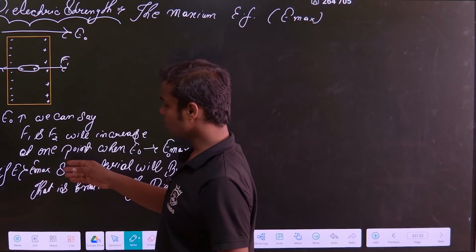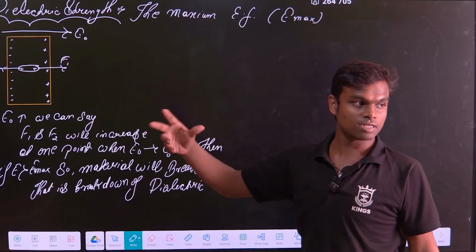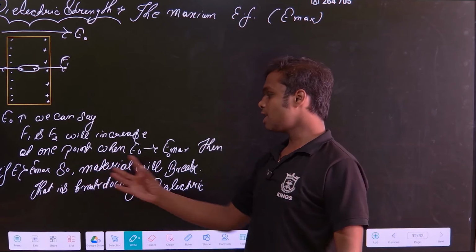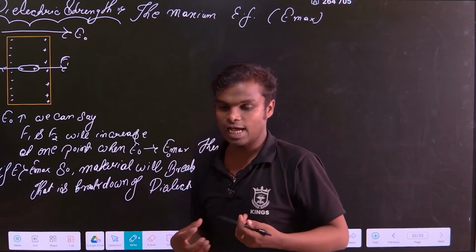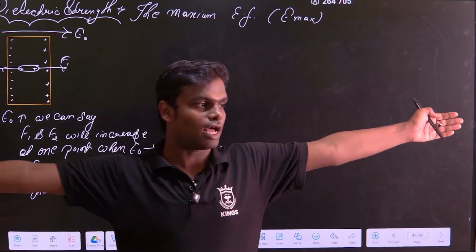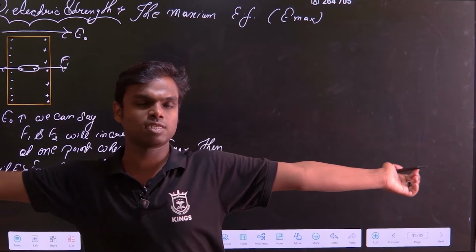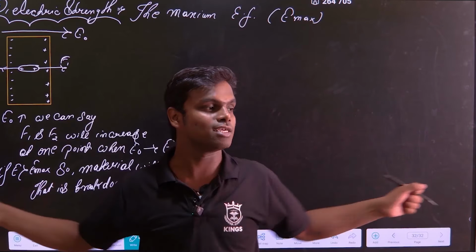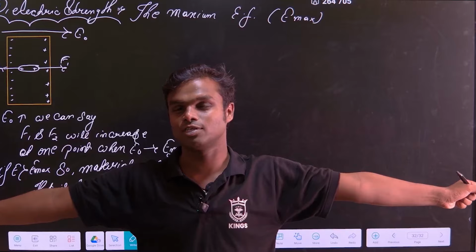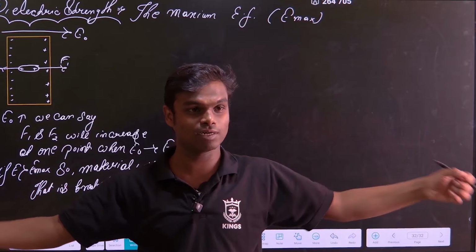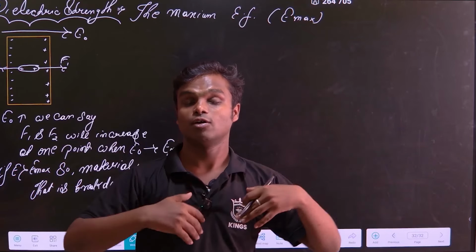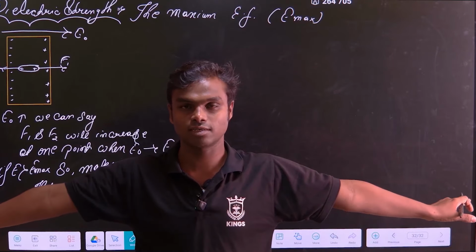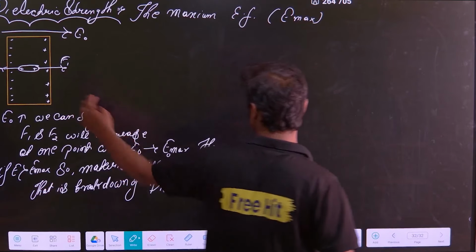If E becomes greater than E max, then in that case the material will break, because it has a tolerating capacity. Suppose I am standing and one person is pulling from this direction, another person is pulling from the other, net force is 0, no problem, but they keep increasing the force. At one point I am going to be divided into two equal parts, correct? The same thing is going to happen here.